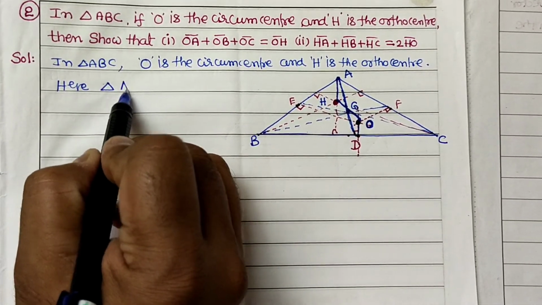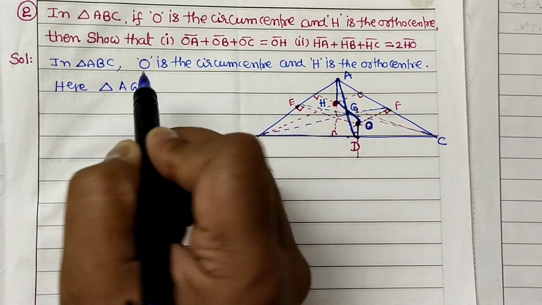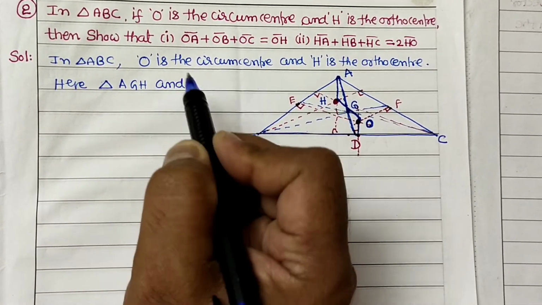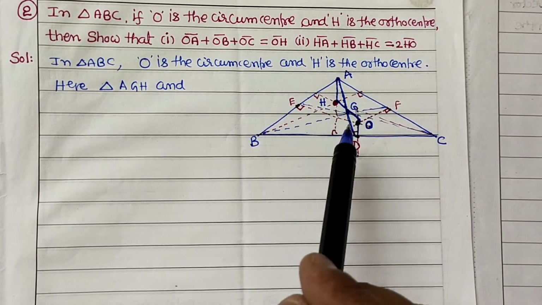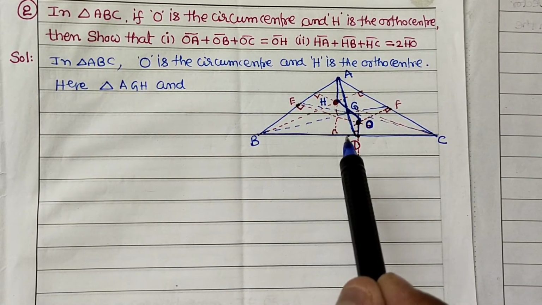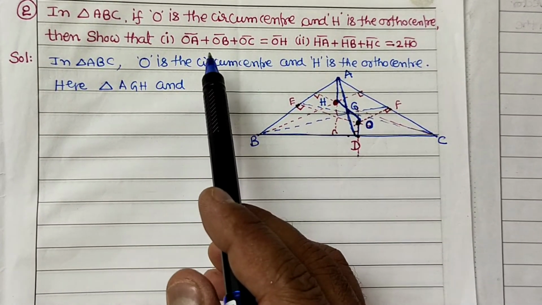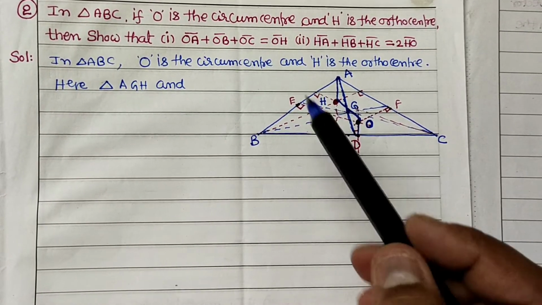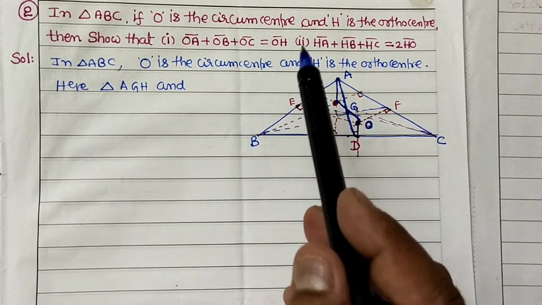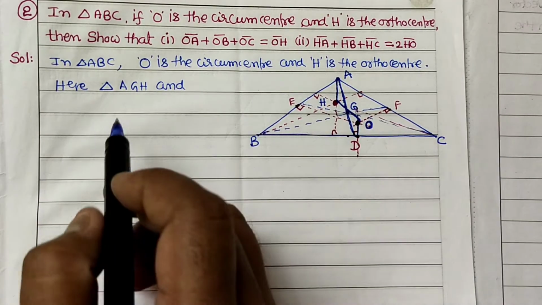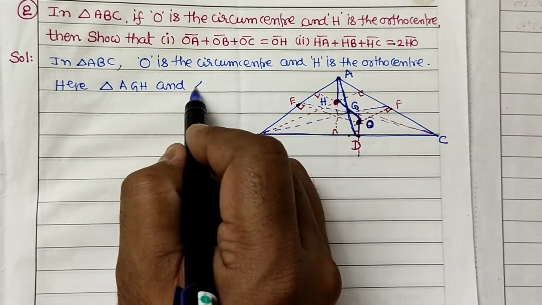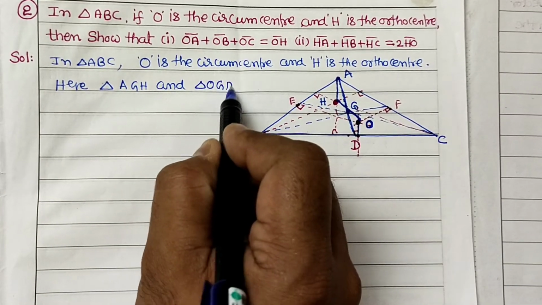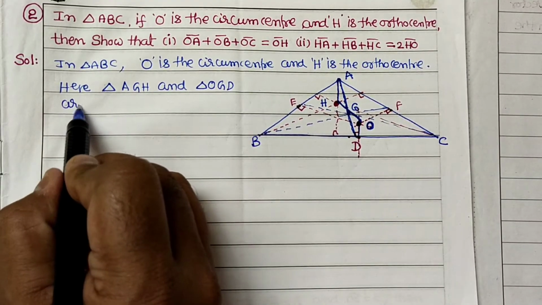Most of the persons won't explain this thing. This is the very important thing involved in this question to get these answers. This is very, very important, dear students. Triangle AGH and triangle OGD are similar triangles.